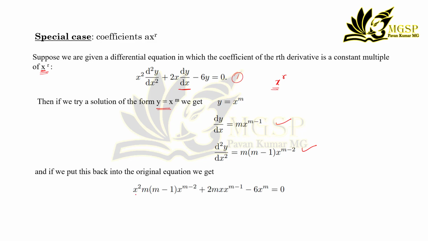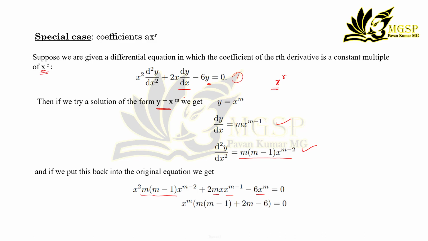We end up with x square times m into m minus 1 x power m minus 2, plus 2m x power m minus 1 times x, minus 6 into x power m, because y is equal to x power m.